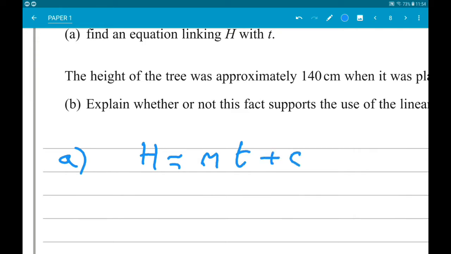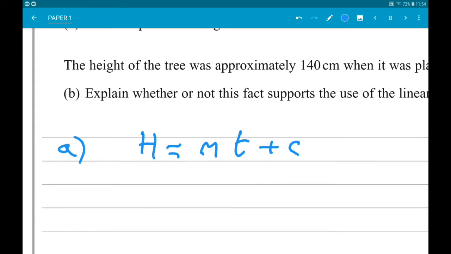So m is the gradient, that's going to be the difference in height over the difference in time. So m is going to be 3.28 - 2.35 over 6 take 3.